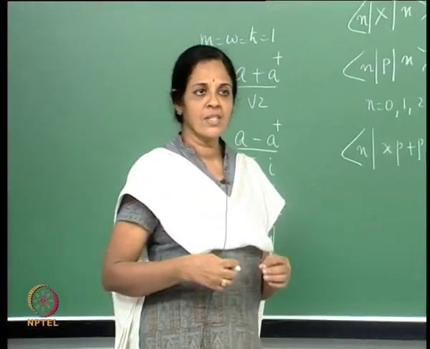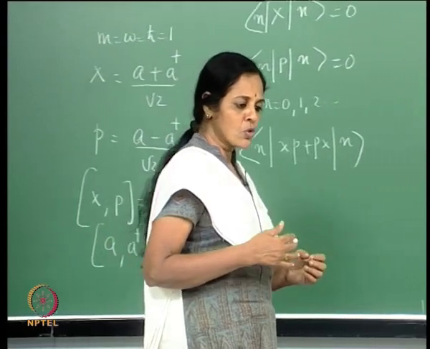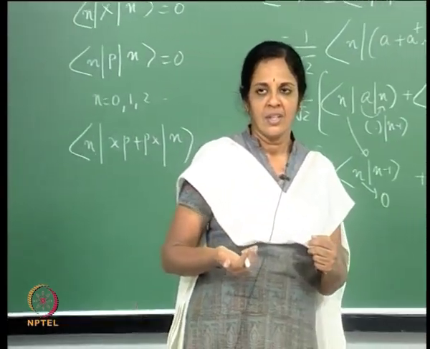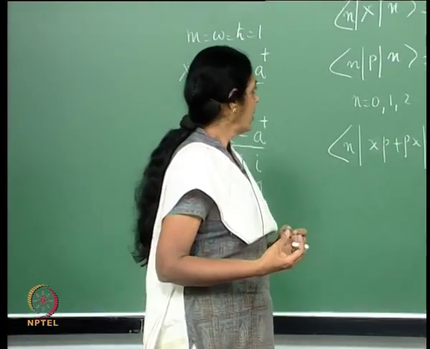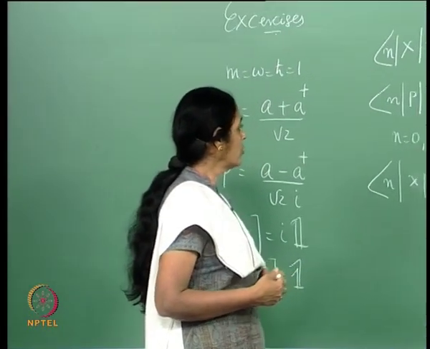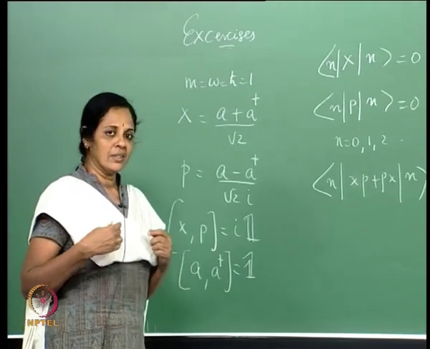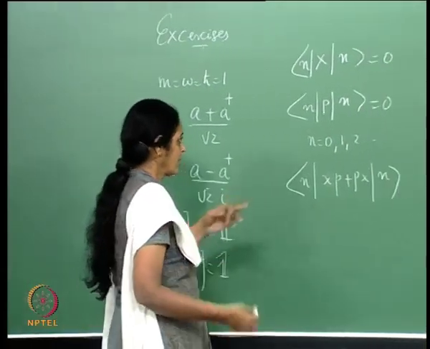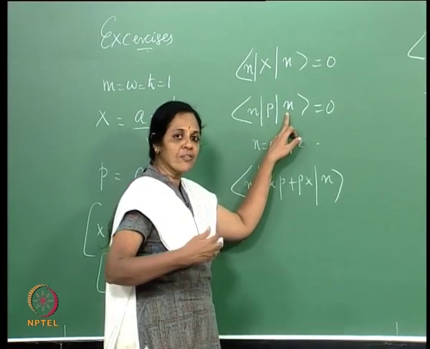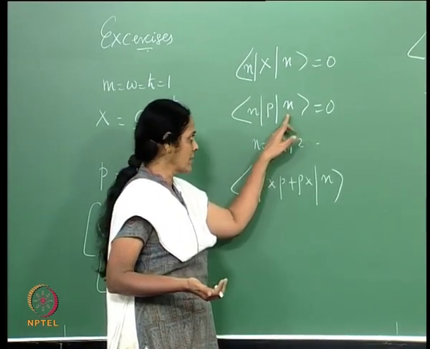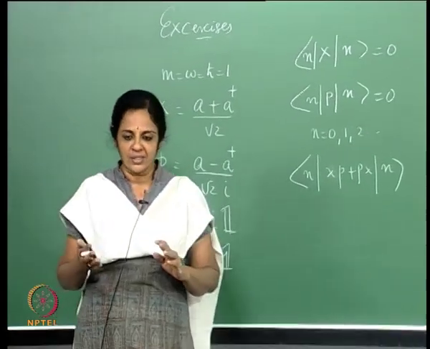This can be explained well when one goes to the position representation and the momentum representation, which I will discuss subsequently. It has to do with the fact that all the energy eigenstates, when written as functions of x, when written as wave functions, they have a definite parity.